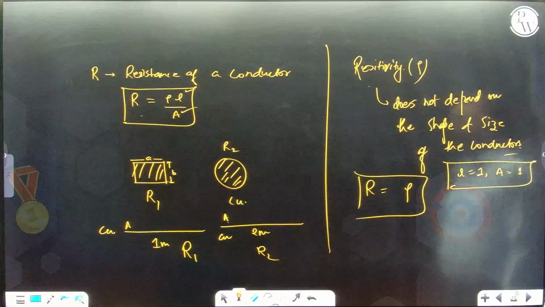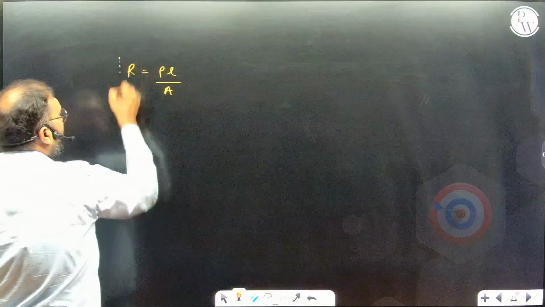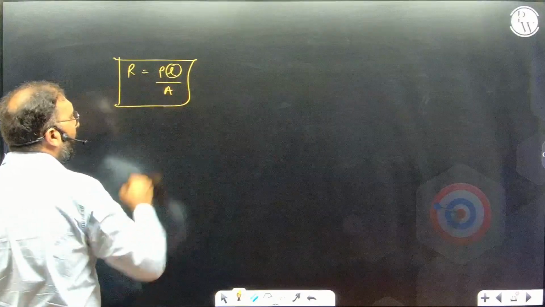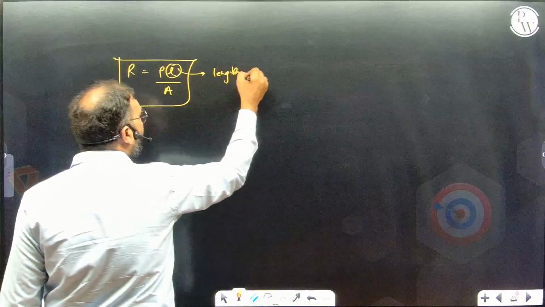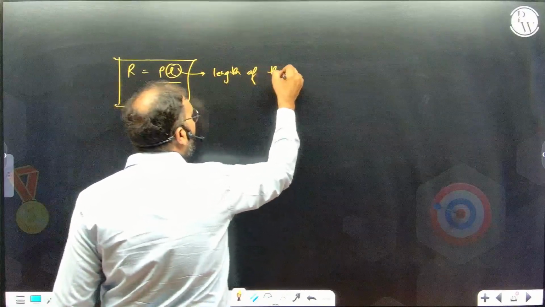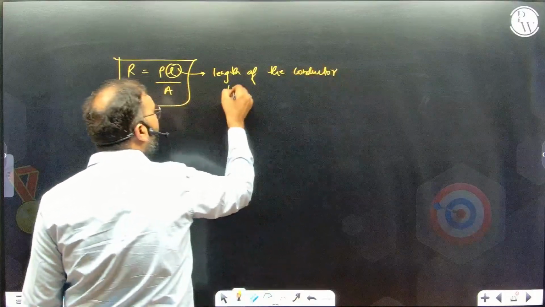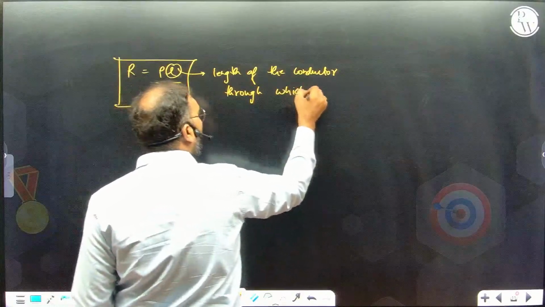Now based on this, they can ask you to find out different types of conditions. So let's understand one more point here. When I'm writing R equals rho L by A, what does it mean? What is L here? L here represents the length of the conductor through which current flows.